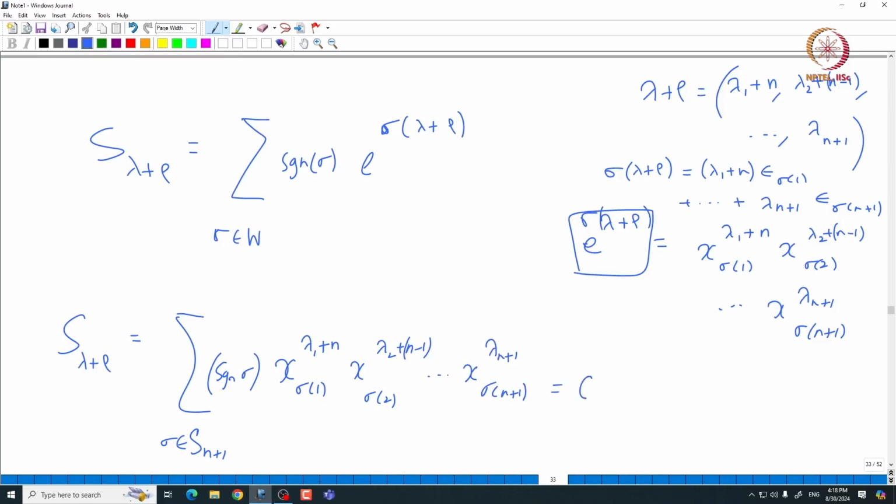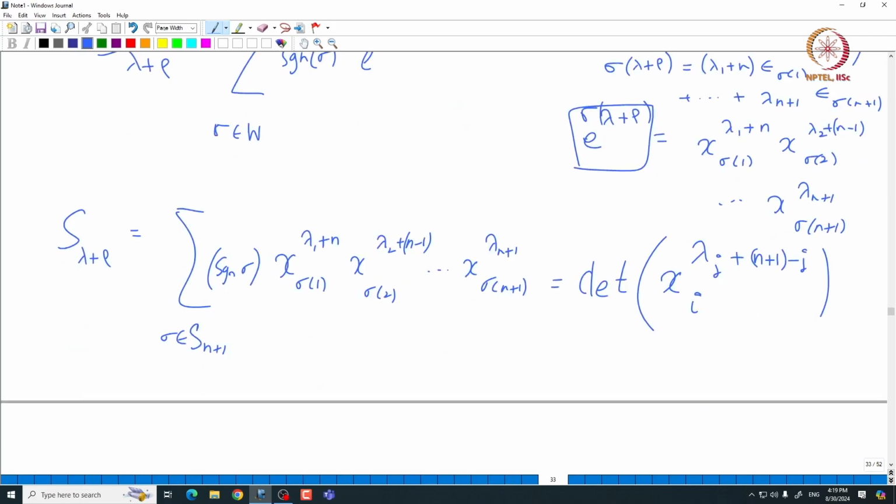Which is nothing but the determinant of xi power lambda j plus n plus 1 minus j. So this is exactly the term that you get on the right side.